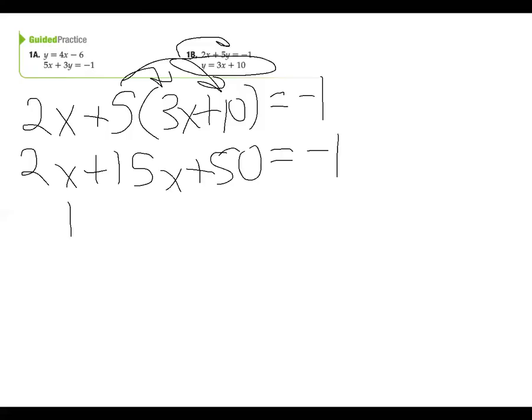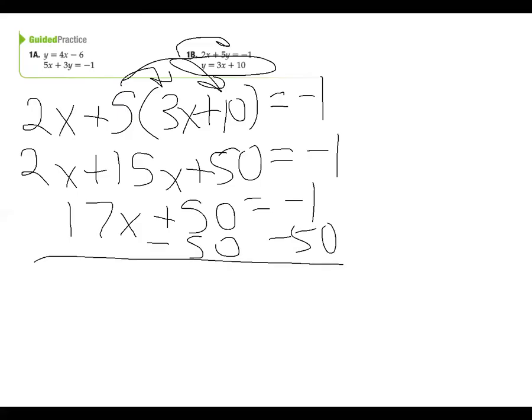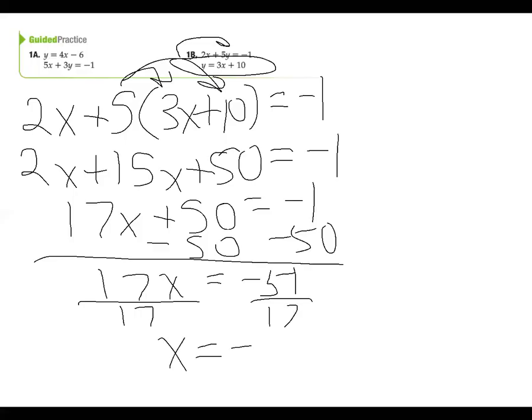So here you'd have 17x plus 50 equals negative 1. Subtract 50. Be careful, that's not negative 49. It's actually negative 51. Divide both sides by the 17. And you get x equals negative 3.